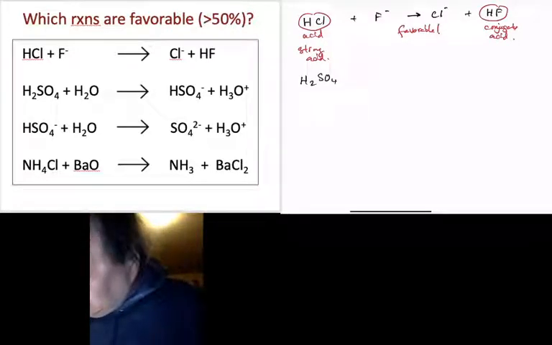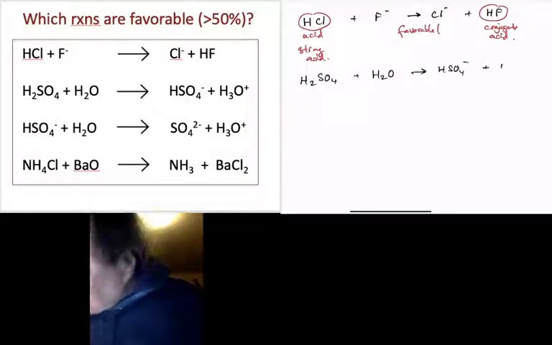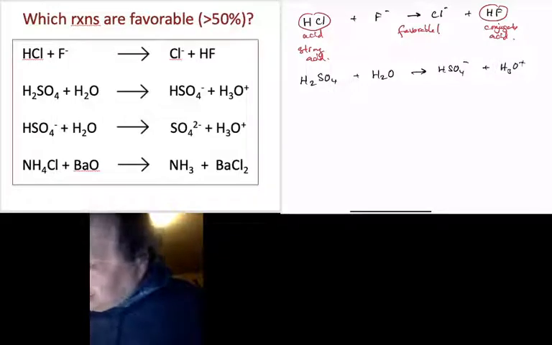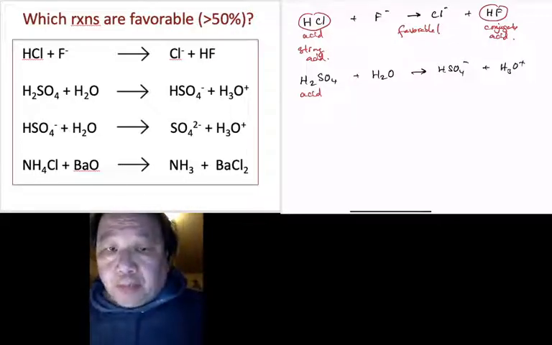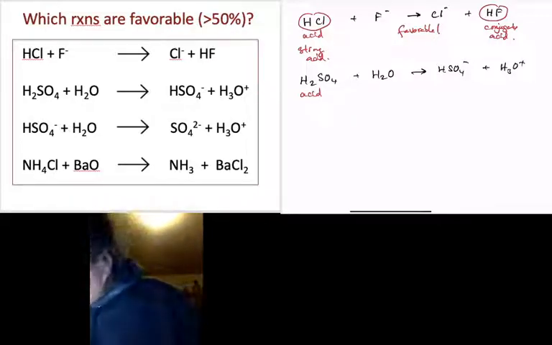H2SO4 plus H2O going to HSO4 minus plus H3O plus. H2SO4 is the acid. Put in chat which of the products is the conjugate acid.